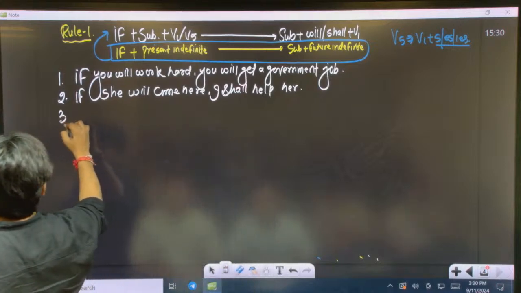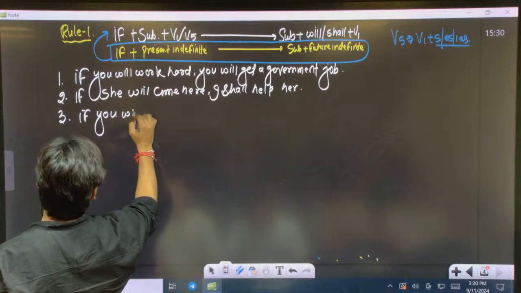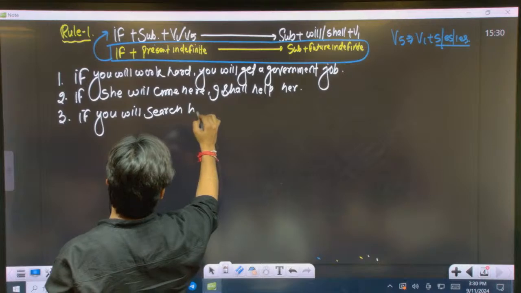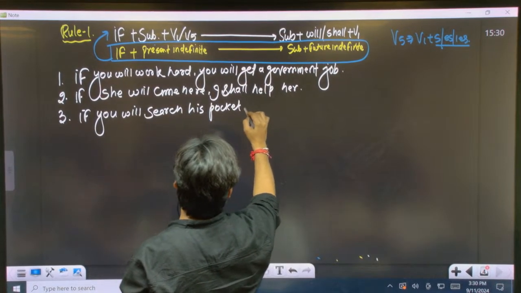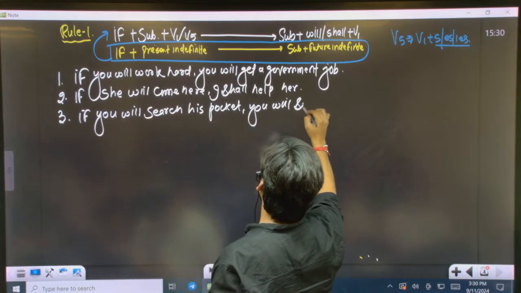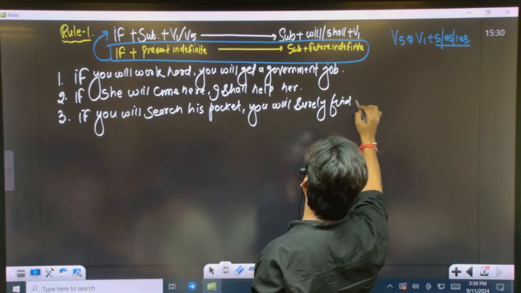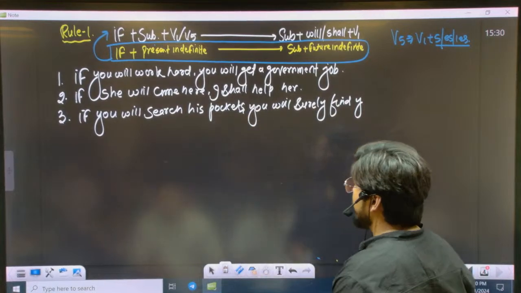Question number 3. If you will search his pockets, you will surely find your watch. Pockets, just add s with pocket.